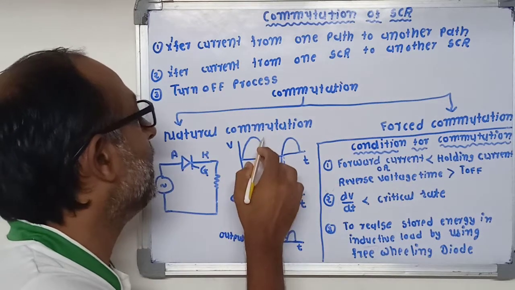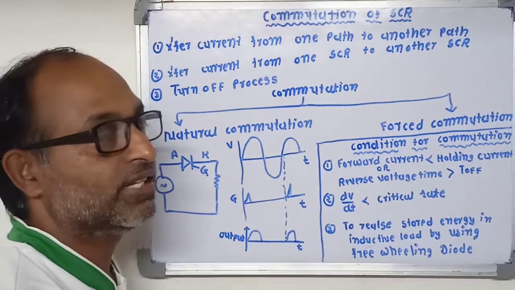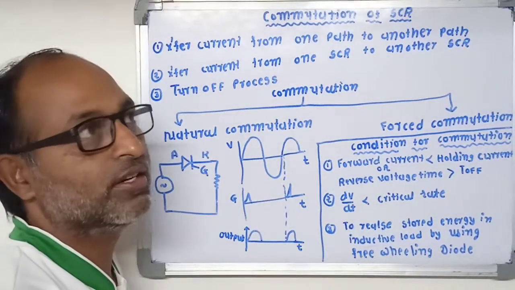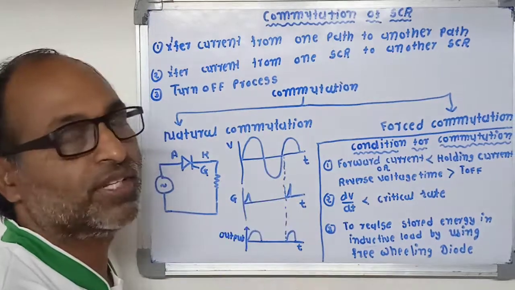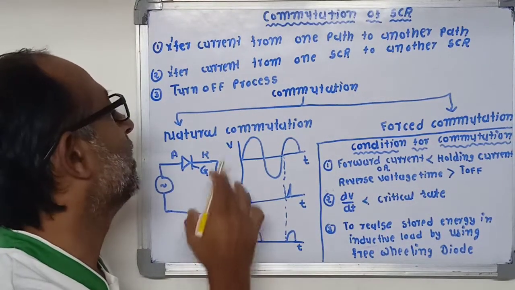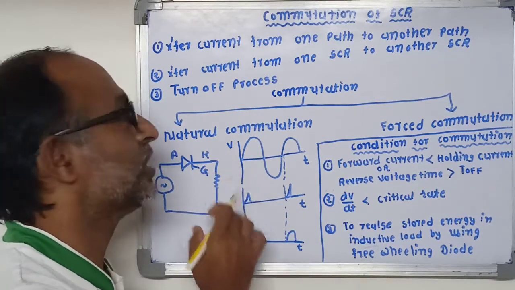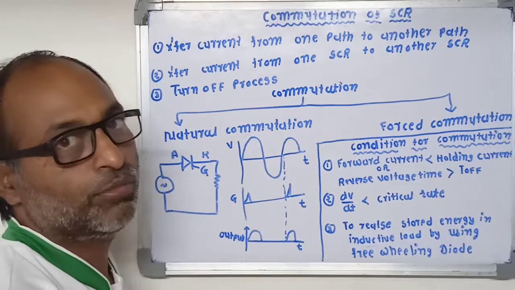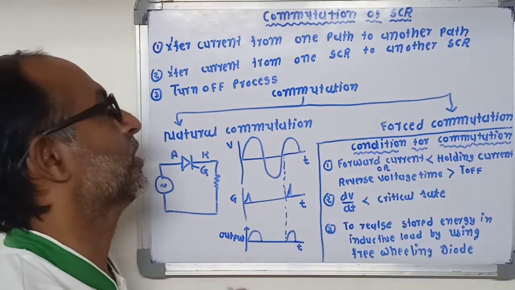But at the end of this positive half cycle, the anode current naturally goes to zero and turns off the thyristor. That's why this method, natural commutation, is also called source commutation, line commutation or class F commutation.